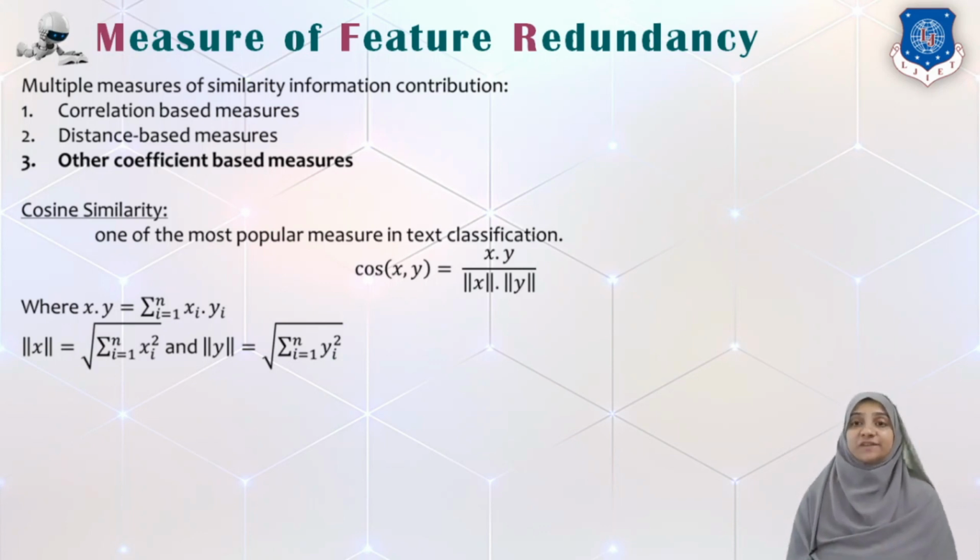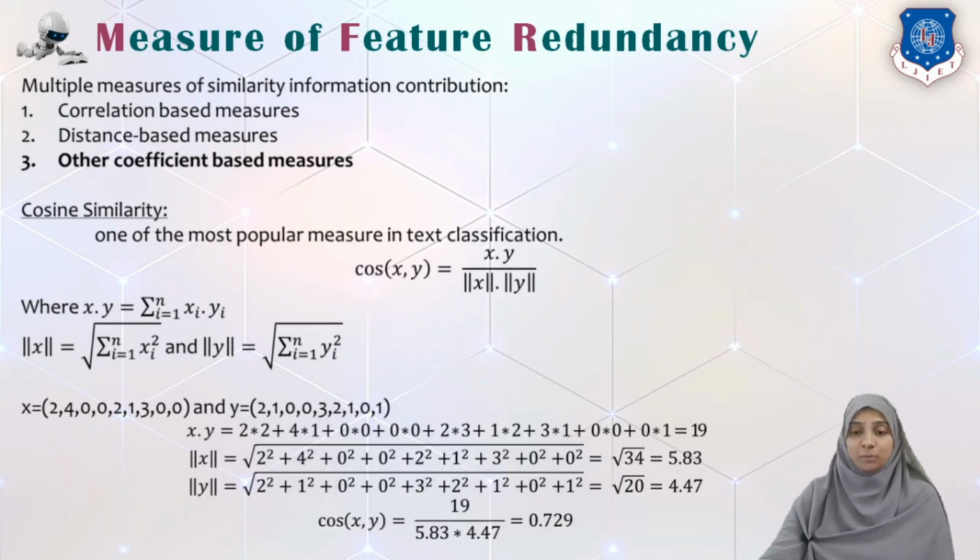The x component is calculated as the square root of the sum of squared terms of x. That means I will first calculate the square of each data point for the given feature x, add these squared terms and take the square root. Similarly, I will calculate the y component.